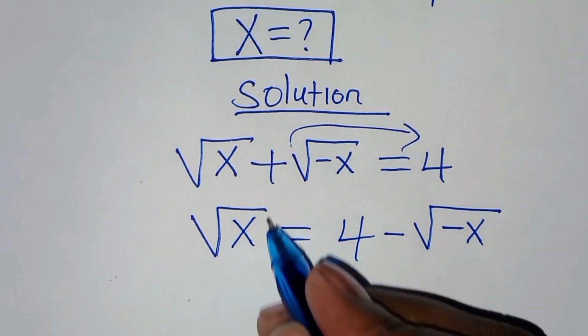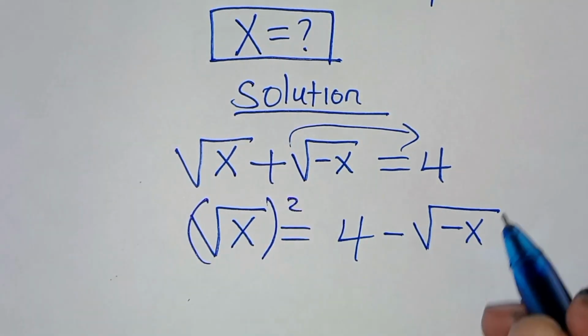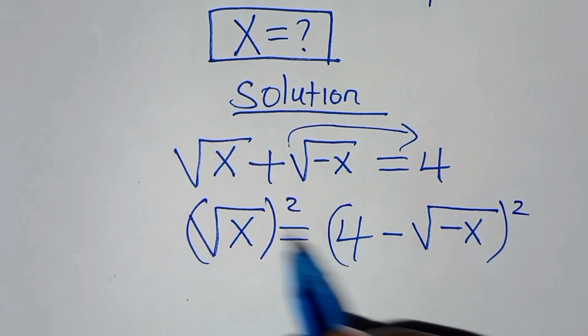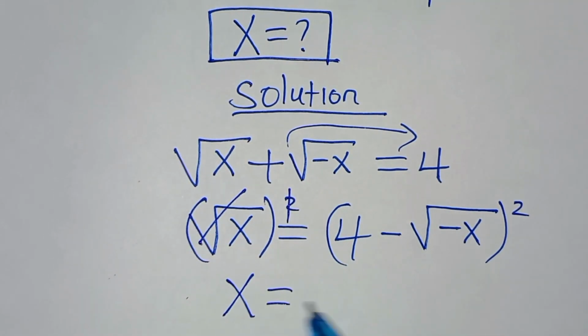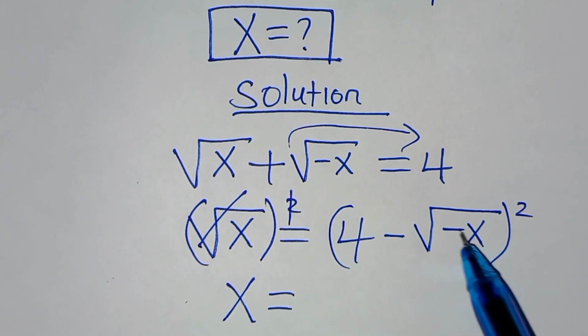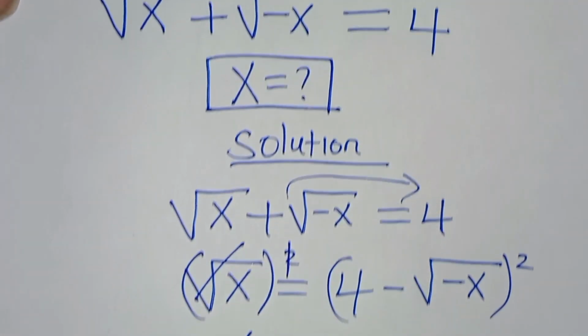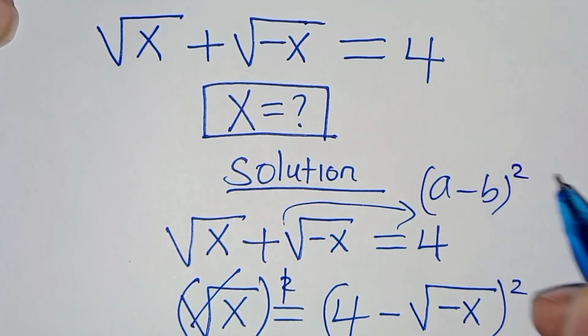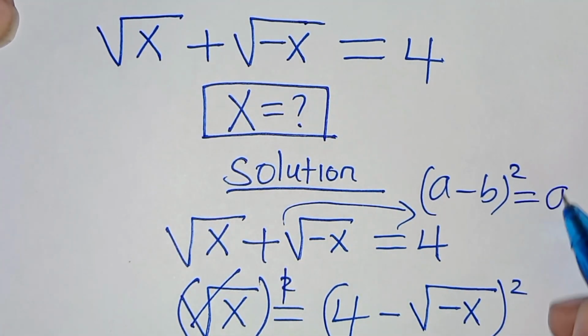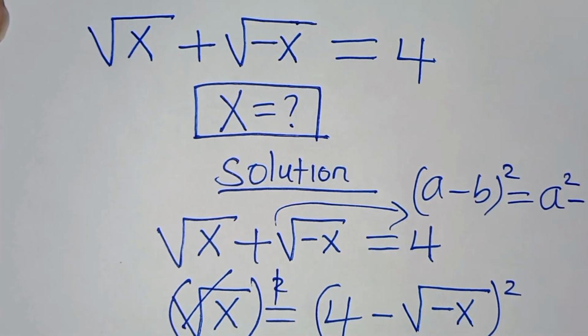Now, the next step is to square both sides so that we eliminate this square root sign. So we have x is equal to 4 minus the square root of minus x, squared. This is in the form of (a minus b) squared, which we can express as a squared minus 2ab plus b squared.